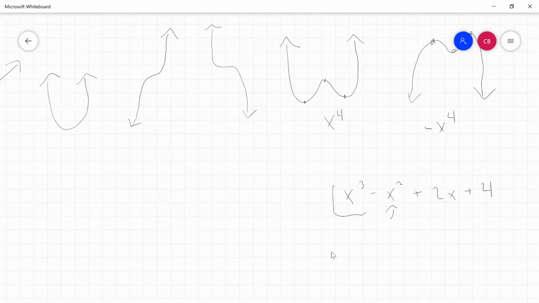But because the lead coefficient is 3, that means it is actually one of these ones, x to the third, negative x to the third. It's actually closer to that one. And it just has a different shape. It may be more like this shape, where it dips down a little bit further, or it may even be worse than this. It may look more like a straight line. I don't know off the top of my head. And so there's lots of things you can do with these.